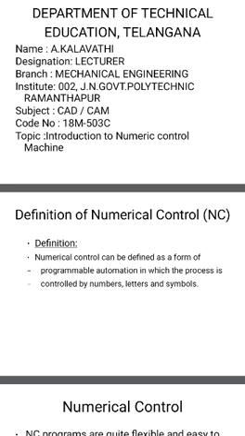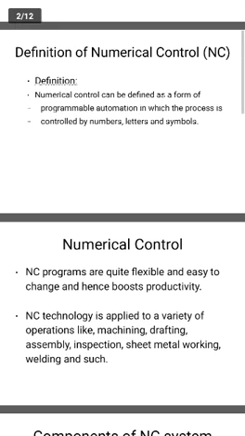So what is this? The program written by numbers, letters, and symbols is called numerical control machine. In numerical control, programs are quite flexible, quite easy. We can change and write the program for different designs.